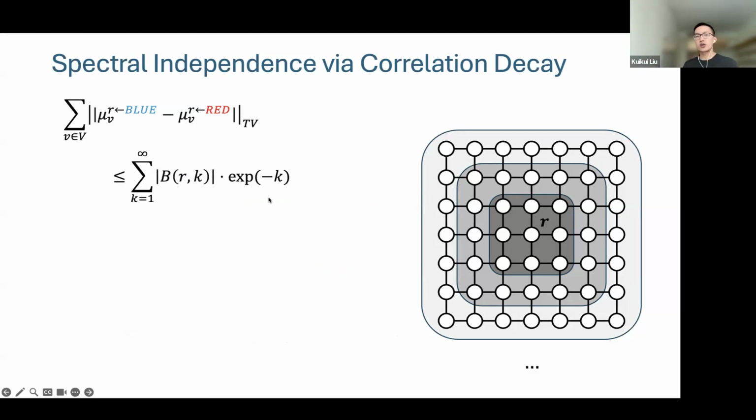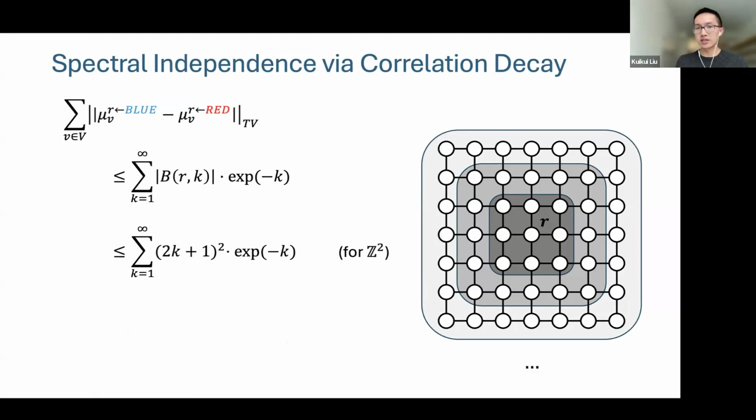And if I know my underlying graph is something like a lattice, let's say Z2, then I know the number of vertices is only growing polynomially fast in the distance. And so this polynomial growth in the number of vertices is going to be completely washed away by the exponential decay of correlations, right? And so I can deduce a universal constant upper bound on the spectral independence of the distribution.